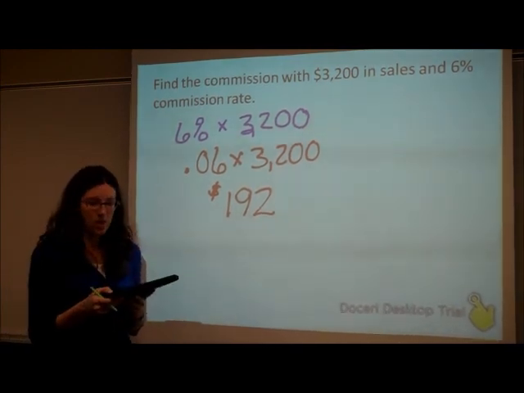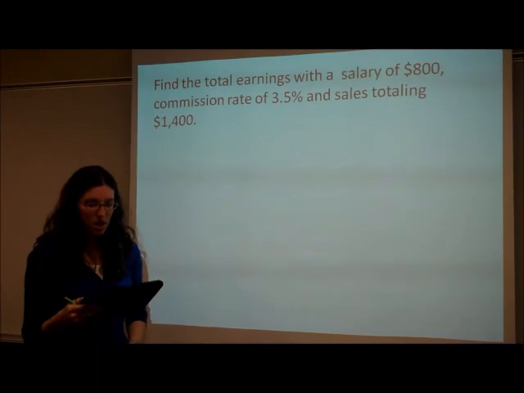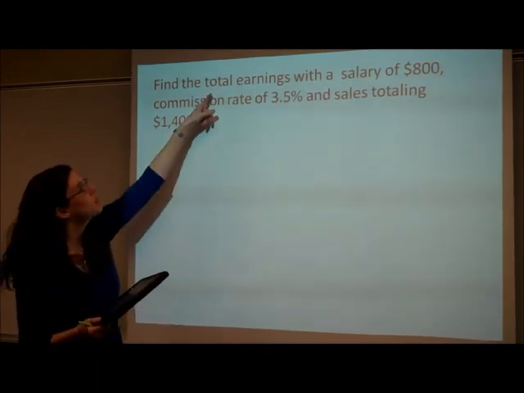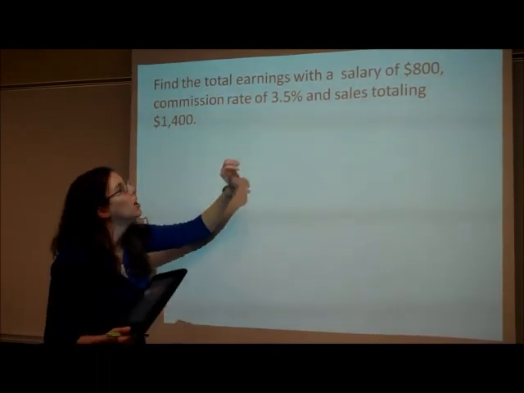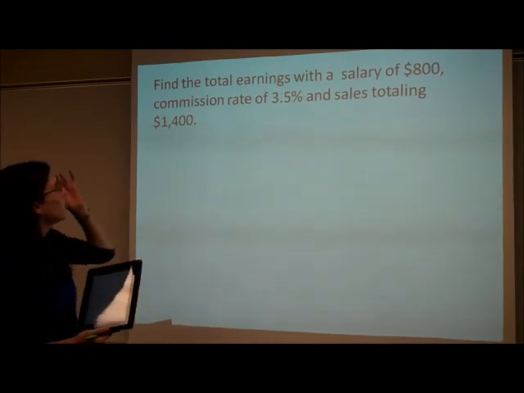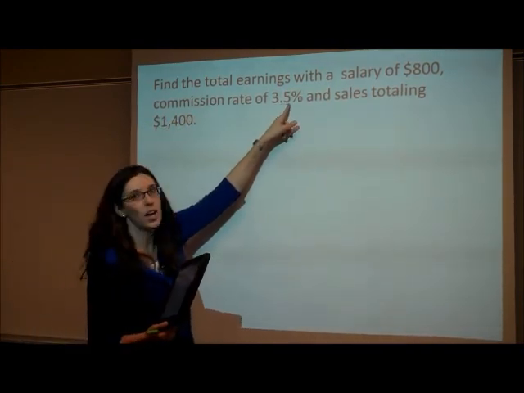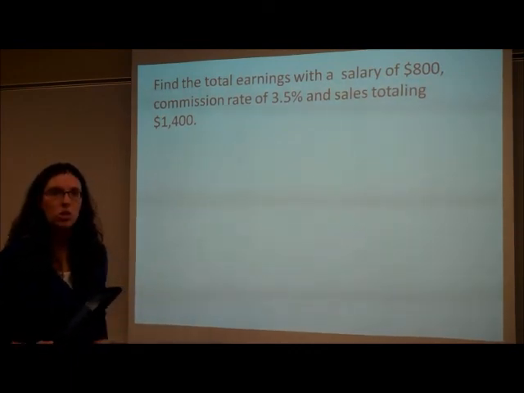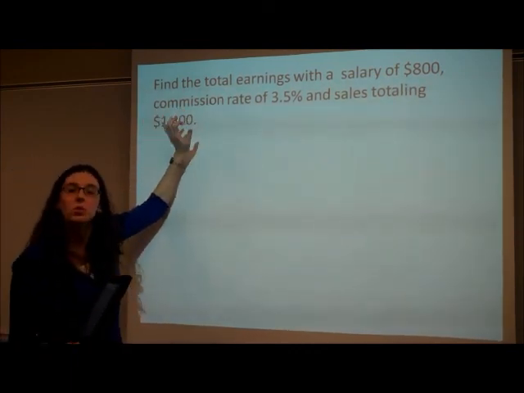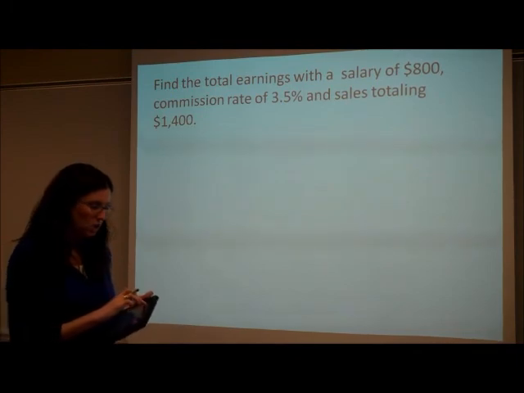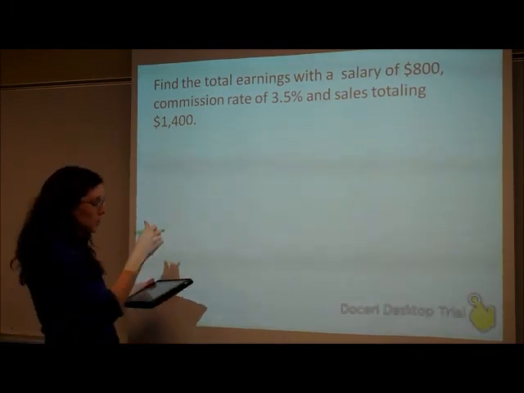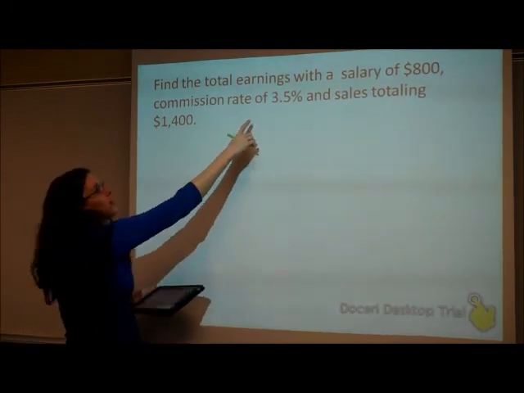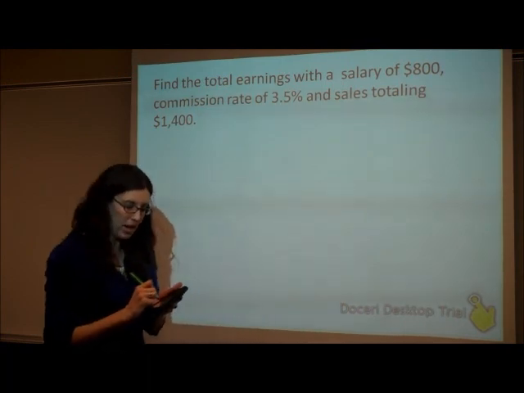Okay? Now, this one, I want to find the total earnings. So it says with the salary of $800, a commission rate of 3.5%, and sales totaling $1,400. First thing you'll need to do is find the commission. So we need to find out, okay, they sold this amount of money, what's the 3.5% of that?